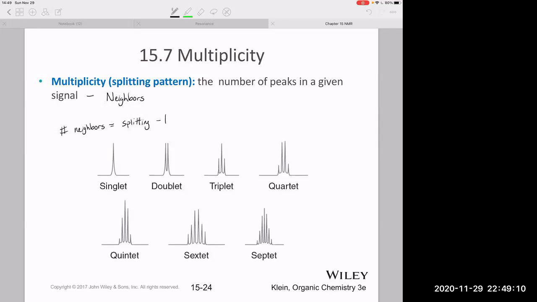So if we have a singlet, that splitting number would be 1 minus 1, which corresponds to 0 neighboring hydrogens. A doublet, on the other hand, would correspond to 1 neighboring hydrogen. A triplet would be 2 neighboring hydrogens. A quartet would be 3 neighboring hydrogens. Quintet, 4, sextet, 5, septet, 6.